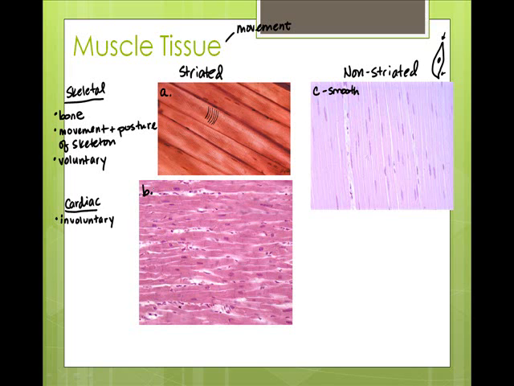Part of the reason why the heart is able to pump blood effectively is because the cells work together to form a specific rhythm that we know of as the heartbeat itself. And the reason why the cells are able to work together like that is that they're connected to one another with a structure that's called an intercalated disc.